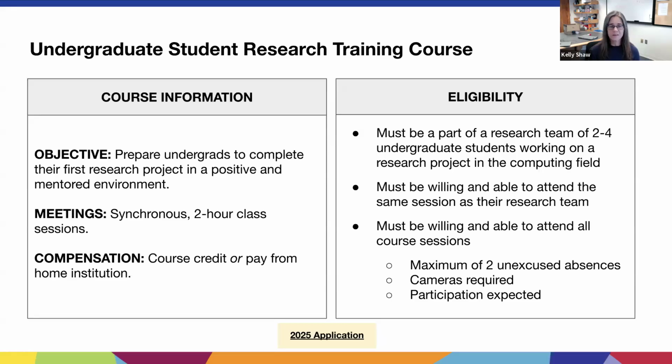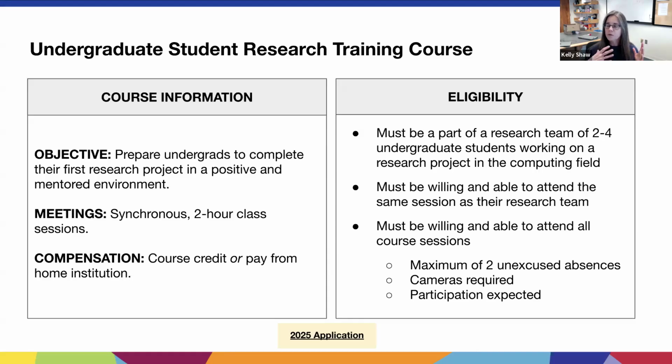So it is a full course, and at the end of the course, our instructors will provide you with information about the completion of assignments and the grade that we recommend for the course. And then you get to decide as a faculty member, if the student is getting course credit, what grade you actually want to give to them and how you want to factor our recommendation into your grade.